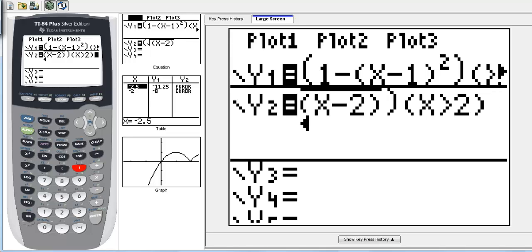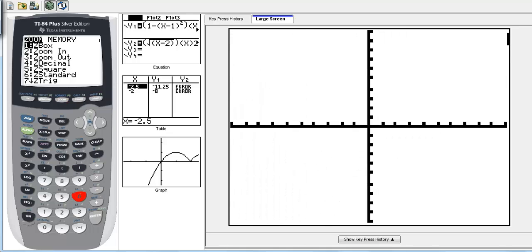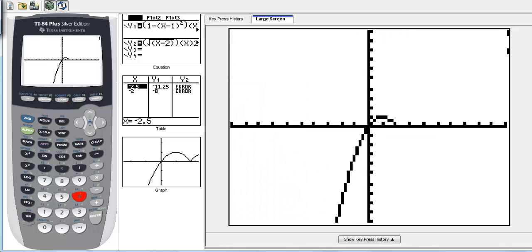All right, at this point, I'm going to hit zoom, number 6 is standard, and hopefully we'll see our graph. And there we see our parabola come up, and then we have the square root function.